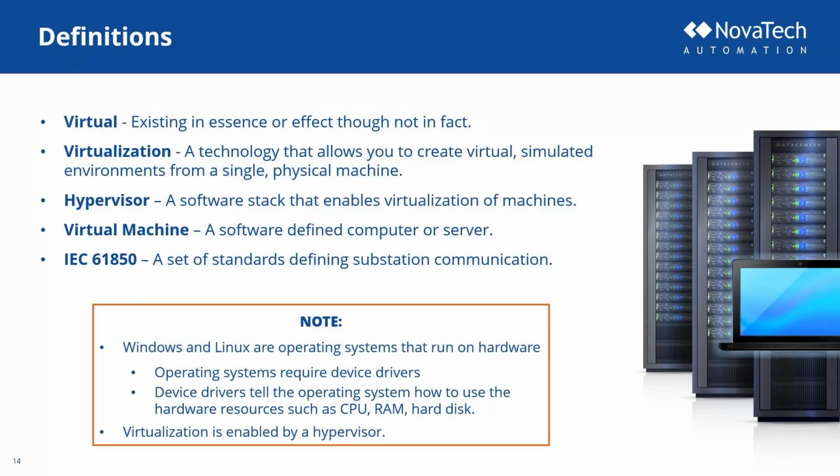Virtualization is a technology that allows you to create virtual simulated environments from a single physical machine. The hypervisor is a software stack and OS that enables virtualization of machines. The virtual machine is a software-defined computer or server. The IEC 61850 is a set of standards defining substation communication.